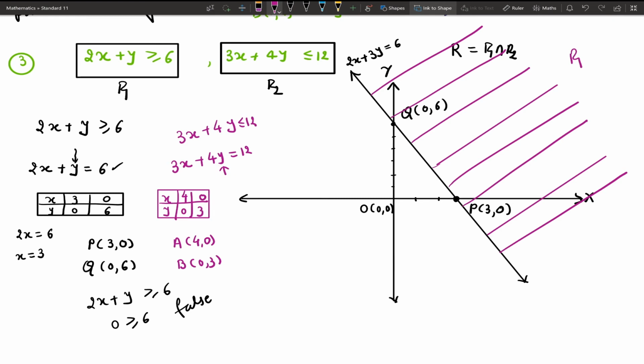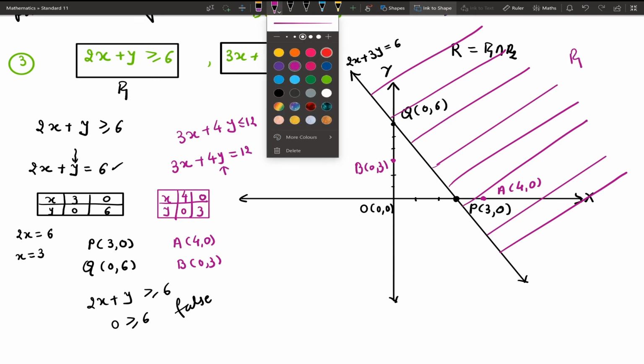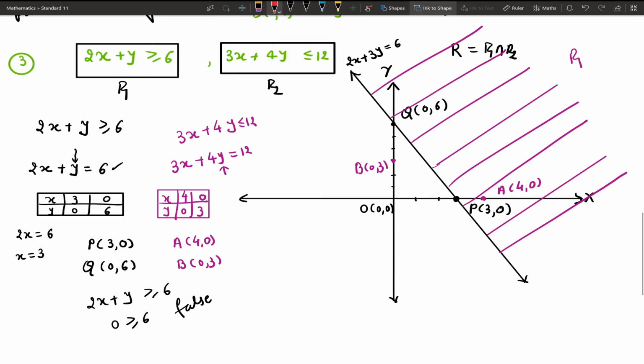So this is the point A 4 comma 0, and another is B 0 comma 3. 1, 2, 3. This is B 0 comma 3. Now let us join these 2 points.